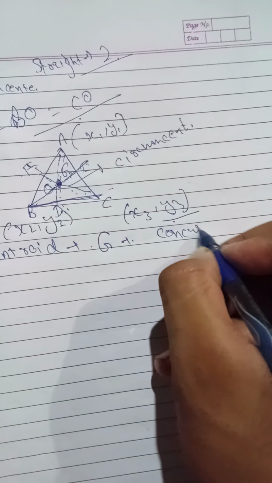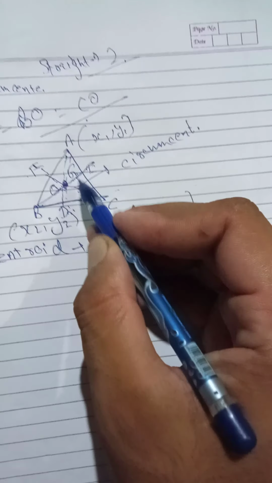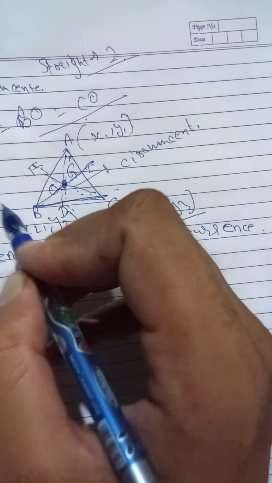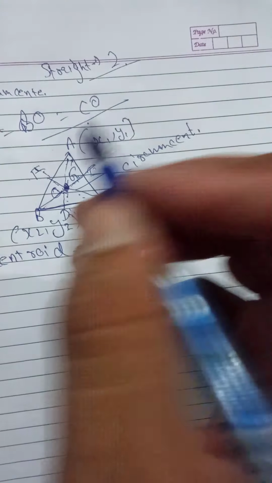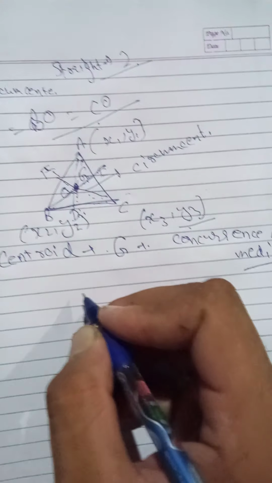As we know, a median is a line from a vertex which divides its opposite side into two equal parts, which bisects its opposite side. Concurrence of medians is also called the centroid.